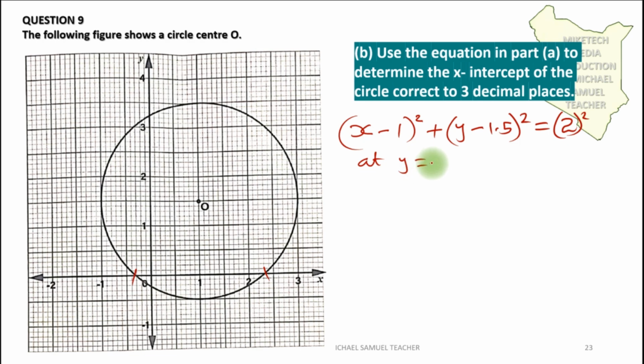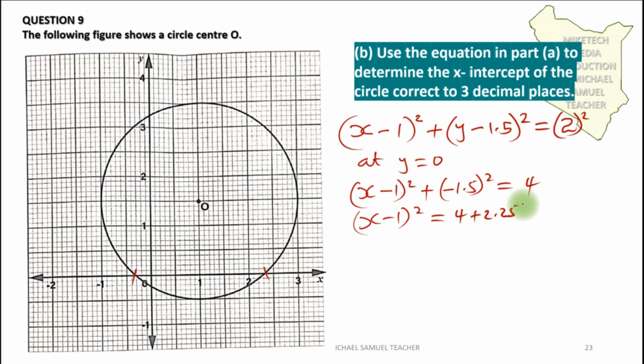When y is equal to 0, we substitute the value. So this will be x minus 1 squared plus y, which is actually 0, so 0 minus 1.5 squared is equal to 4. So x minus 1 squared is equal to 4 plus 2.25, so that is actually minus; we shall take it to the other side.